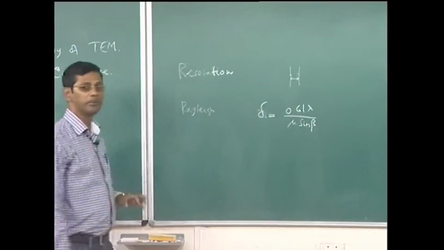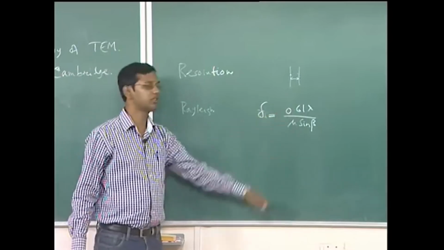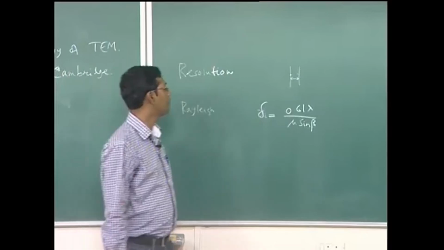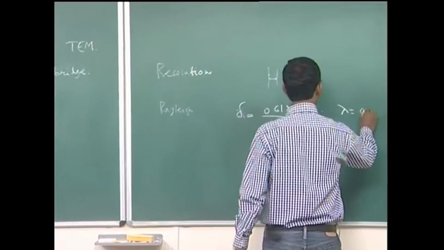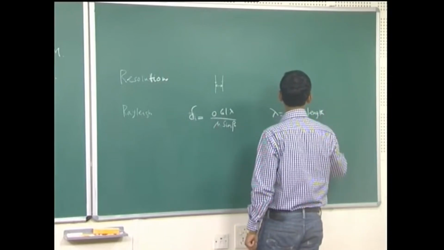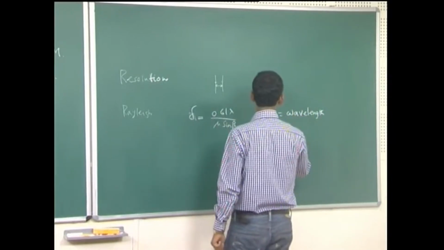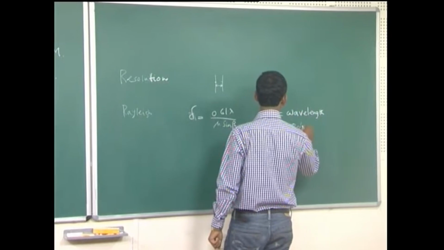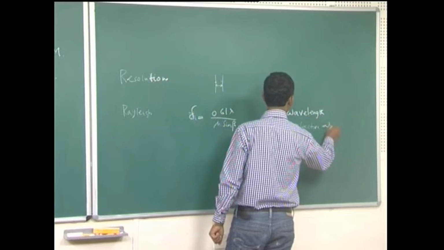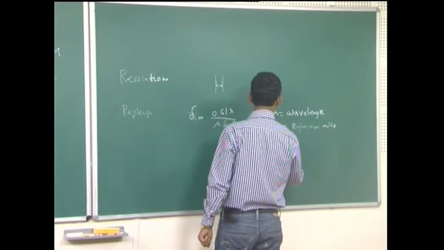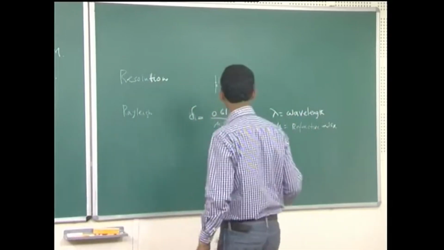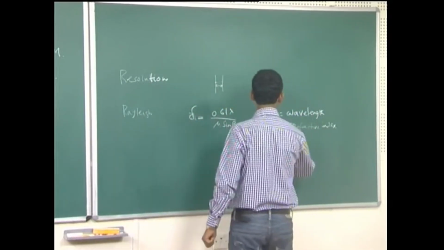The formula is delta equal to 0.61 lambda divided by mu sin beta, where lambda is the wavelength of radiation, mu is the refractive index of the medium, and beta is the half angle of the lens, or the collecting power of the lens.